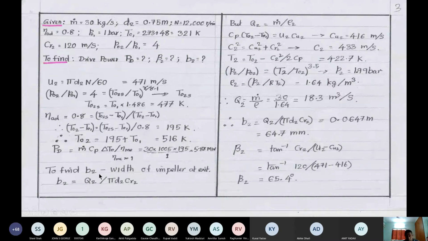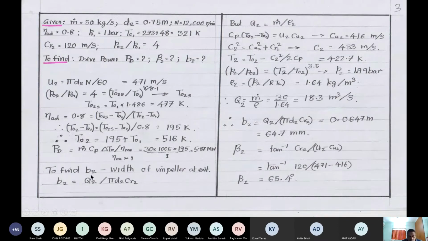Now to find B2, the width of the impeller at exit. From the discharge equation, B2 equal to Q2 divided by pi D2 CR2. And I think the radial velocity CR2 is given in the problem, correct? 120 meters per second. D2 is also given, but the thing is we don't know Q2.